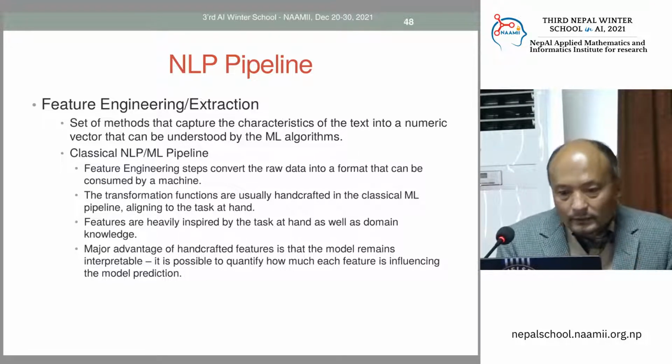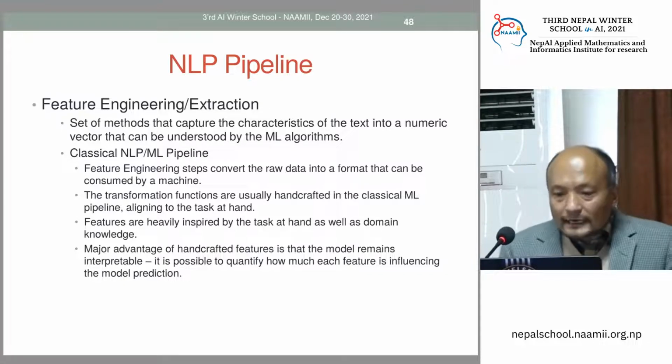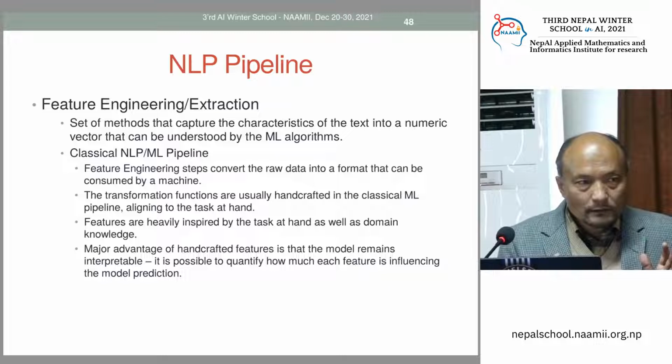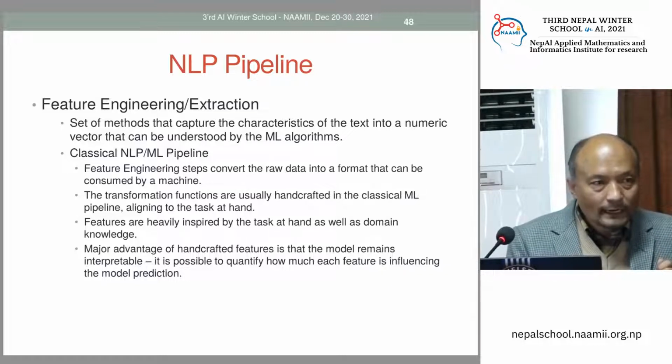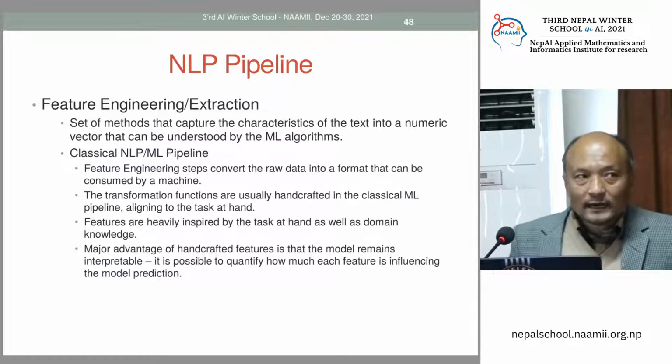The major advantage of handcrafted features is that the model remains interpretable. It's not a black box anymore. You know exactly what features you provided, and because of those features, you know exactly why this email was classified as spam.